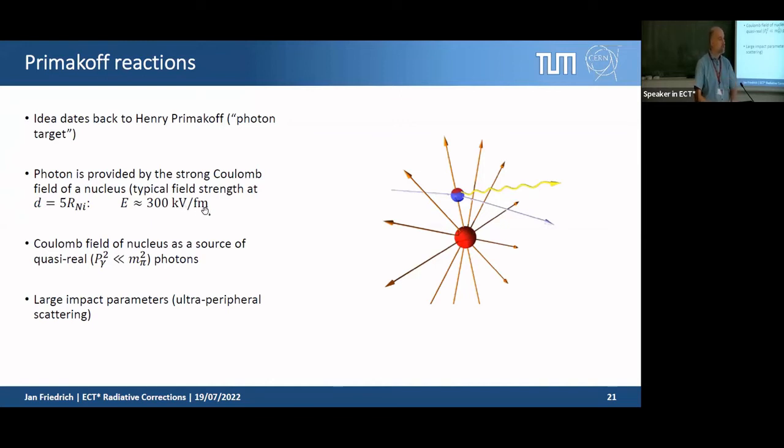So you have quite a strong field there to rip the pion apart in some sense. And this, of course, works only at large impact parameters, or at ultra peripheral scattering.